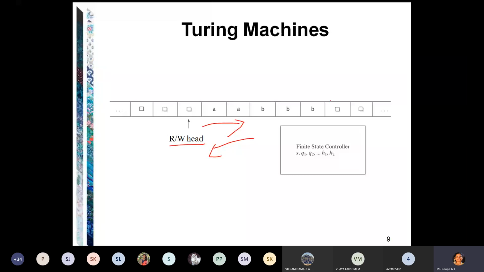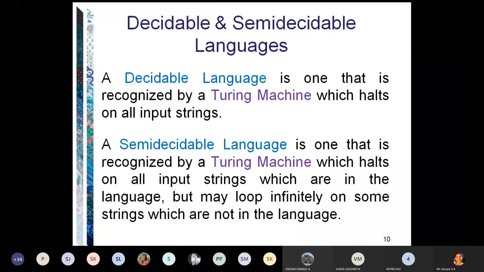However, when we work with Turing machines, we must be aware that they cannot be guaranteed to halt. Unfortunately, we can prove that there exists no algorithm that can examine a Turing machine and tell whether or not it will halt. This fundamental result about the limits of computation is known as the undecidability of the halting problem. So here we have two types of languages, decidable and semi-decidable.